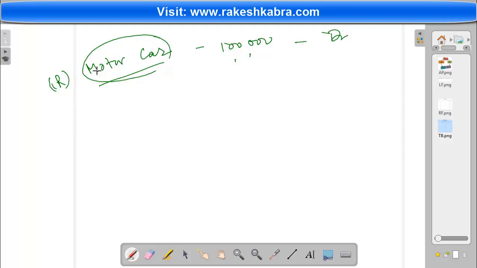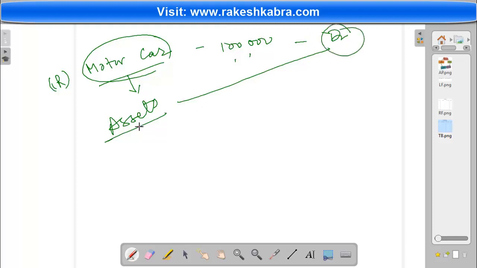Motor car is coming in, and real account says debit what comes in. And one more thing, motor car is our asset, and assets always show debit balance. Remember this.